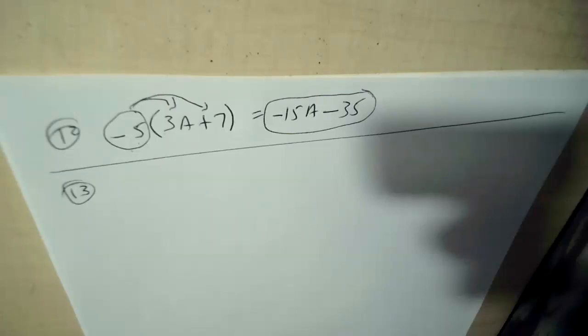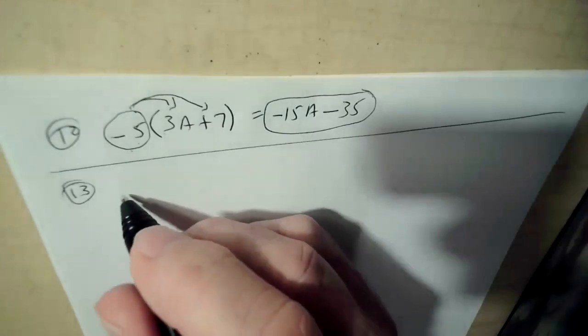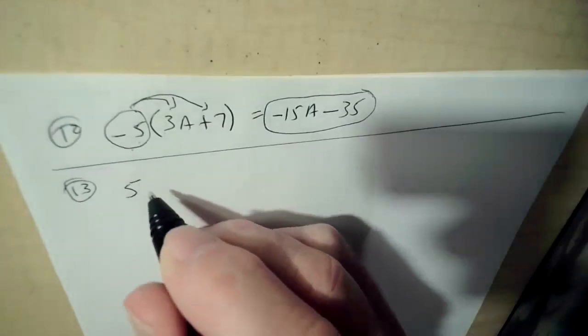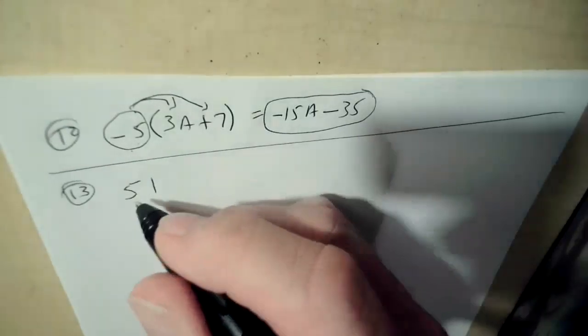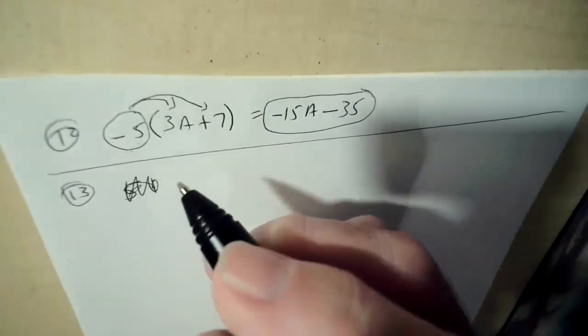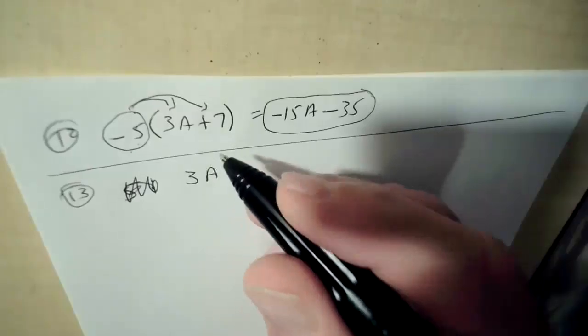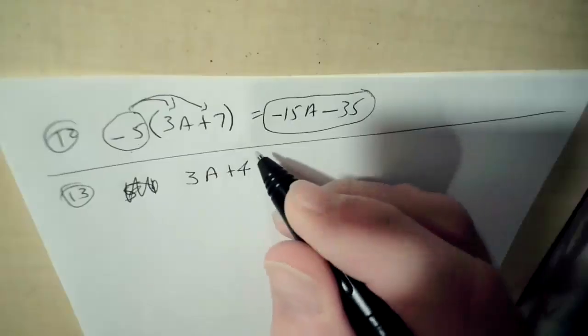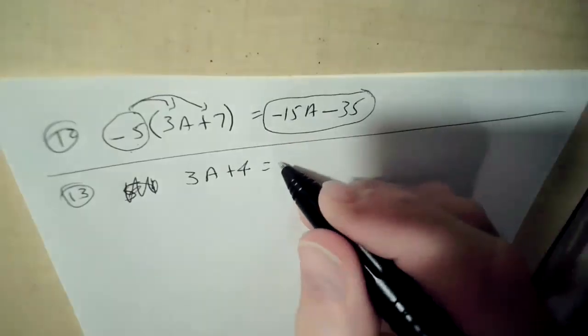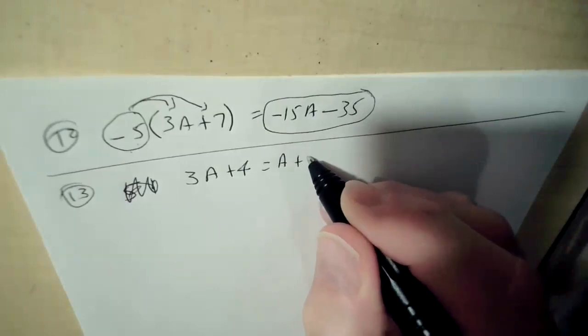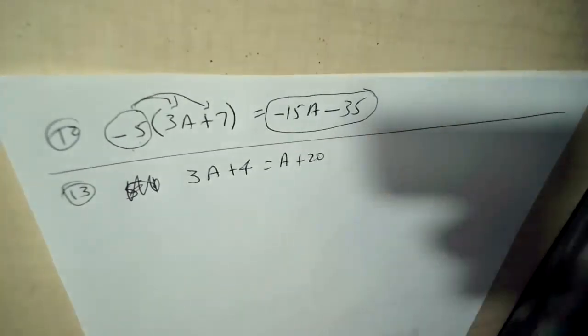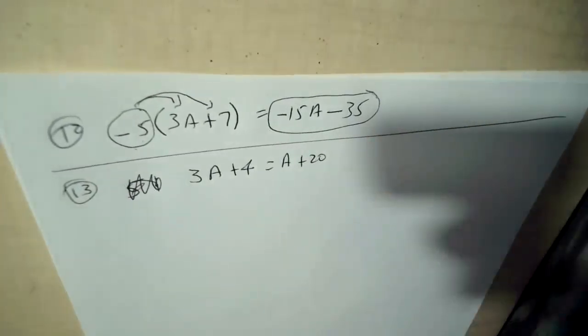Find the value of the given variable. In other words, solve. 3a plus 4 equals a plus 20.